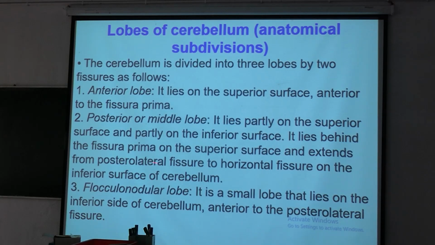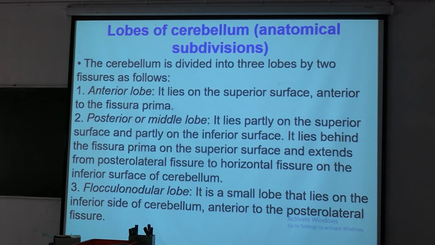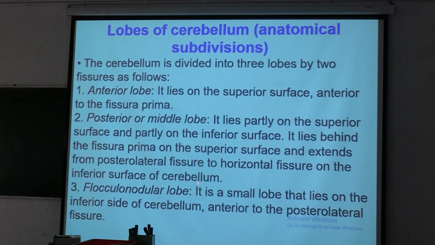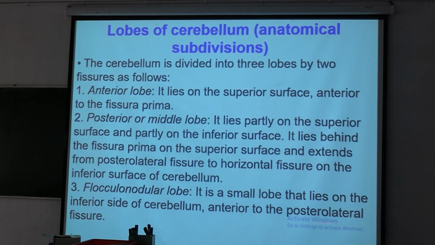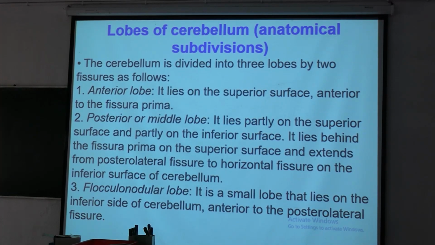It lies behind the fissura prima on the superior surface and extends from the posterolateral fissure to the horizontal fissure on the inferior surface of the cerebellum. Next we go to the flocculonodular lobe. It is a small lobe that lies on the inferior side of the cerebellum, anterior to the posterolateral fissure.